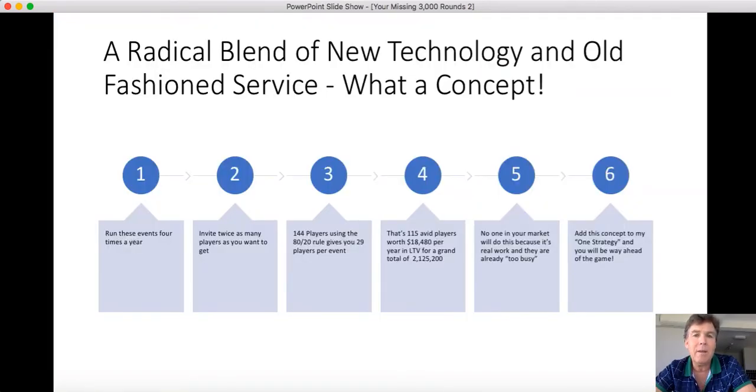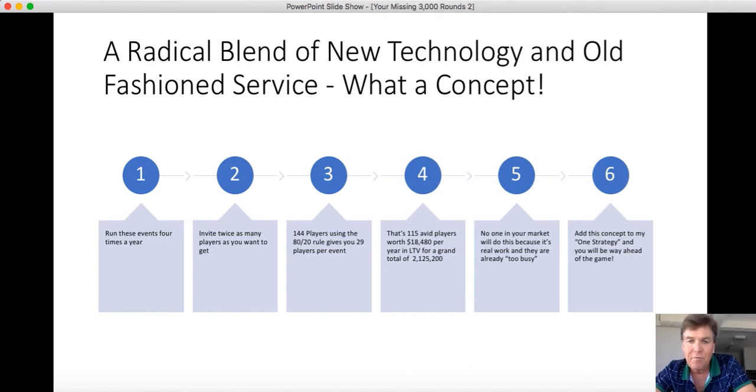This is a radical blend of new technology and old-fashioned service. What a concept! Run these events 4 times a year. Invite twice as many players as you want to participate. 144 players using the 80-20 rule gives you 29 good prospects or new players per event.